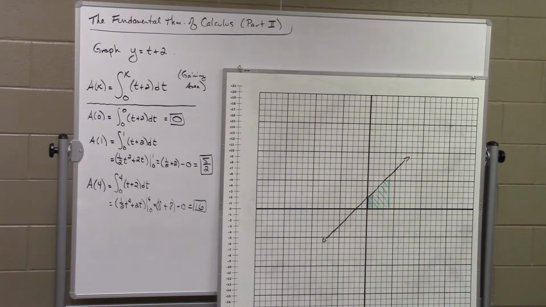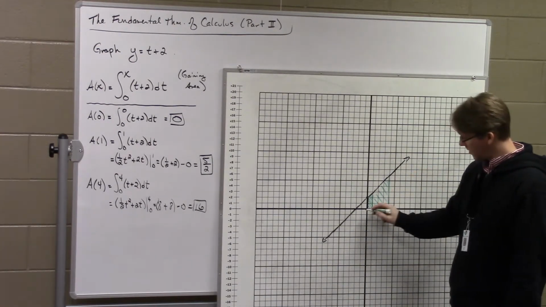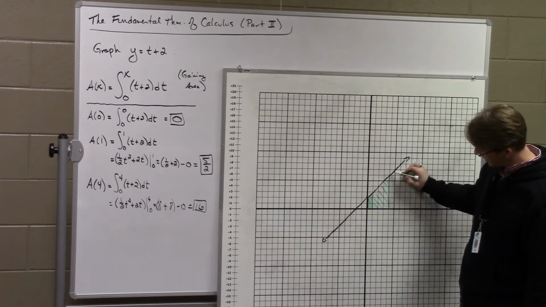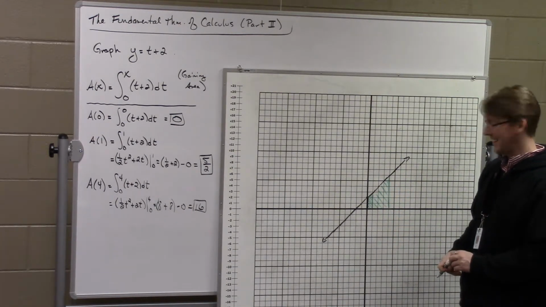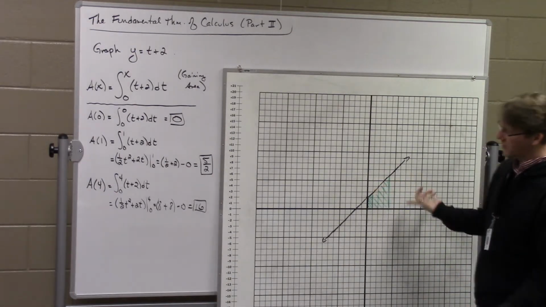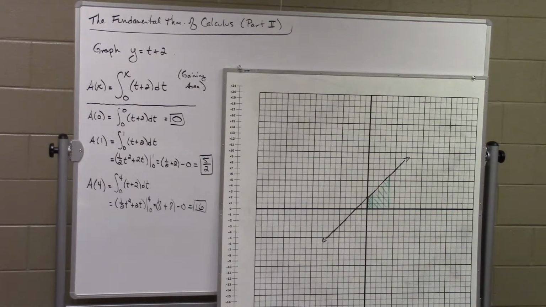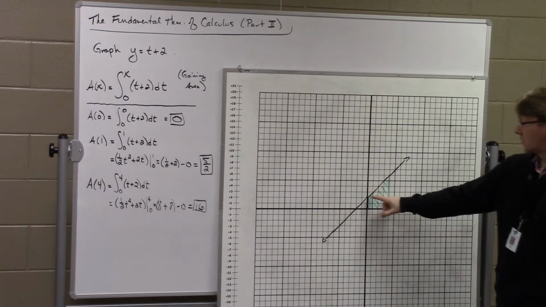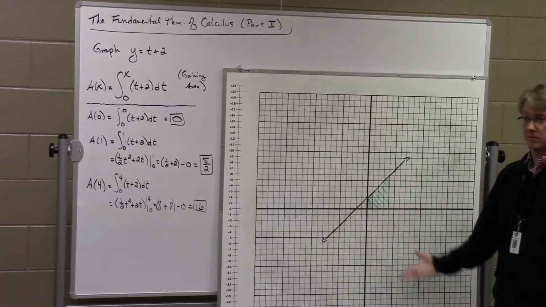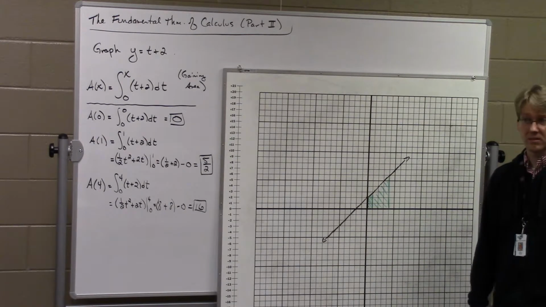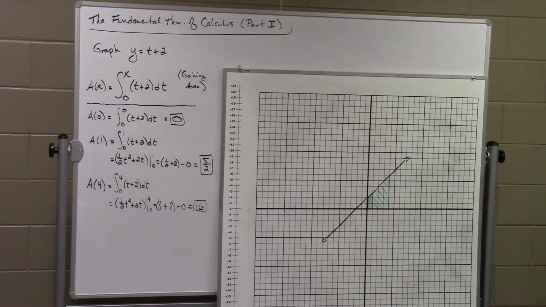Or you could do the area of a trapezoid. You could do base 1 is 6, base 2 is 2, height would be 4. You could set up a trapezoid if you want to do that. Or you could do a 4 by 4 triangle and then a block of 8 at the bottom. Whatever, okay? It's a linear line, you can do a bunch of things. Yeah, you got choices there.